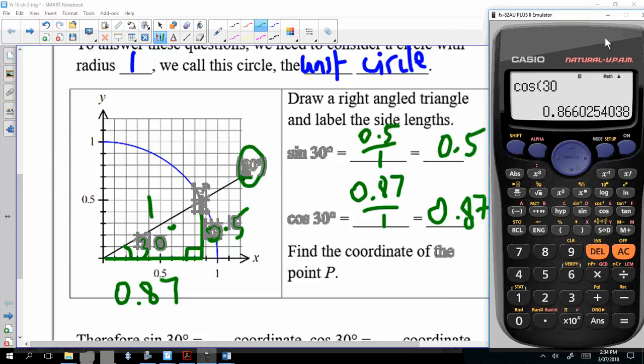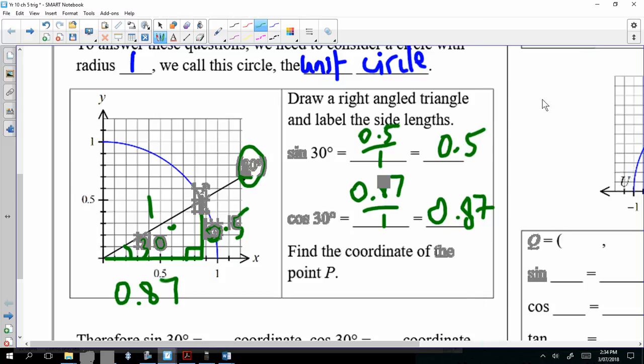Okay. Now, let's work out the coordinates of the point P. What are the coordinates of the point P? We go x value and y value. What's the x value? 0.87, and the y value is 0.5. So we got the coordinates of P: 0.87 and 0.5.